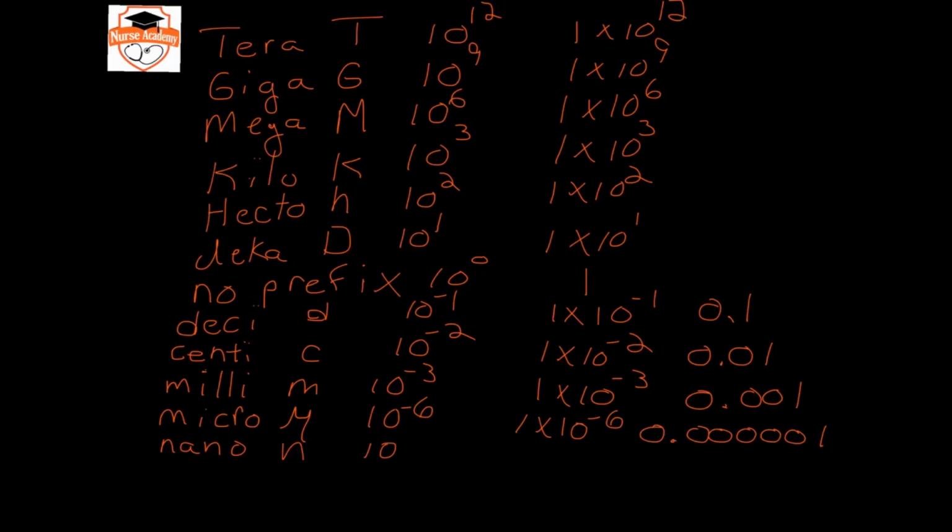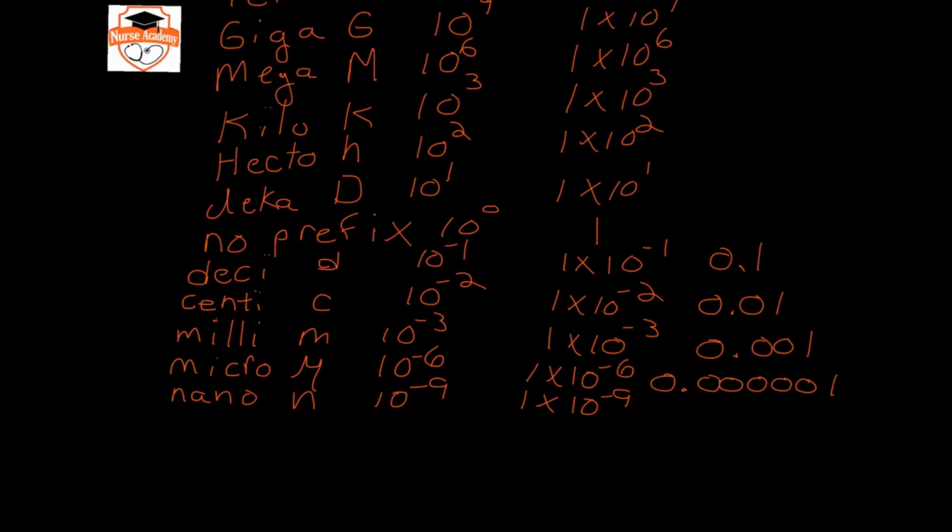I'm not going to write the numbers all the way out anymore because I'm running out of space on my slide, but it would have 8 zeros and then a 1 after the decimal point. Finally, we have pico, which has the abbreviation of P, and that's 10 to the negative 12th, 1 times 10 to the negative 12th, or a 0 with a decimal point with 11 zeros and then a 1.